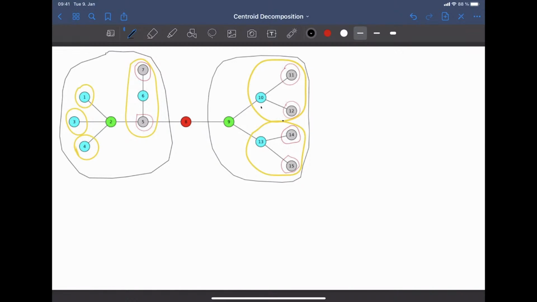Okay, so when you call decompose on the original tree, 8 is your centroid. So you process how many paths? You process 15 paths. Which of these are the 15 paths?